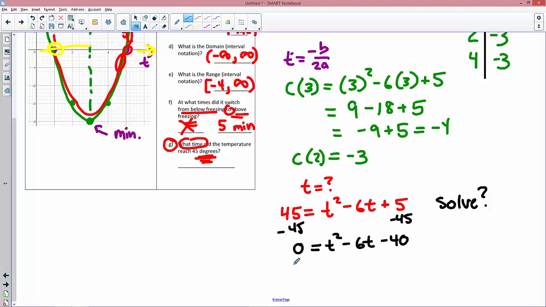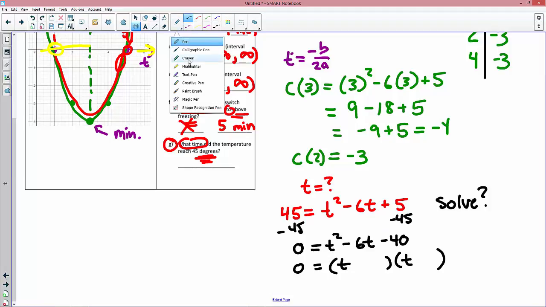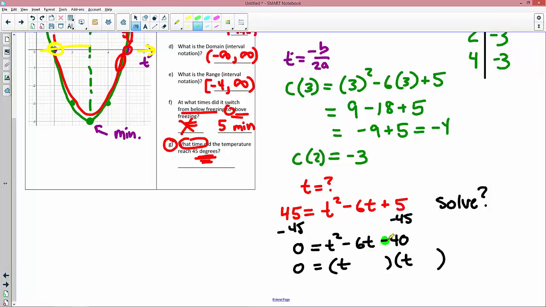We have to factor it, so I need 2 factors of 40 that subtract to 6. There are different signs here, which tells me I'm going to have plus and minus. So the numbers are going to subtract to negative 6. So 2 factors of 40 would be 10 and 6.